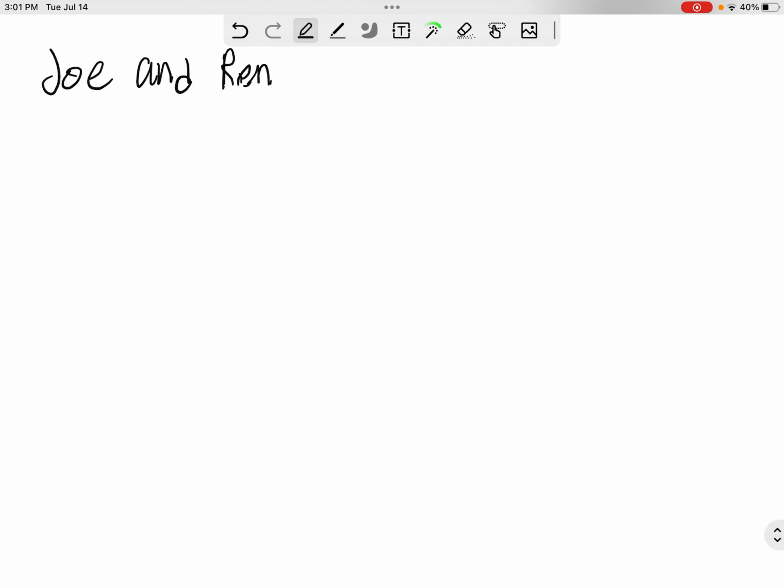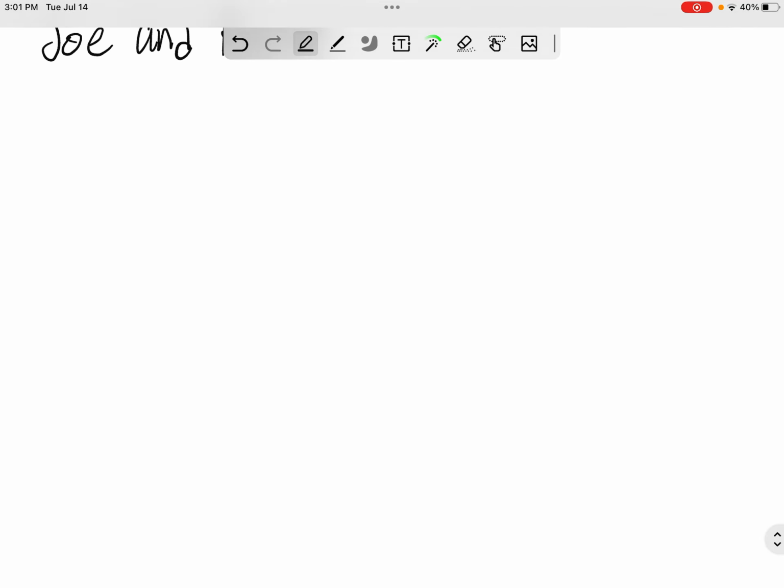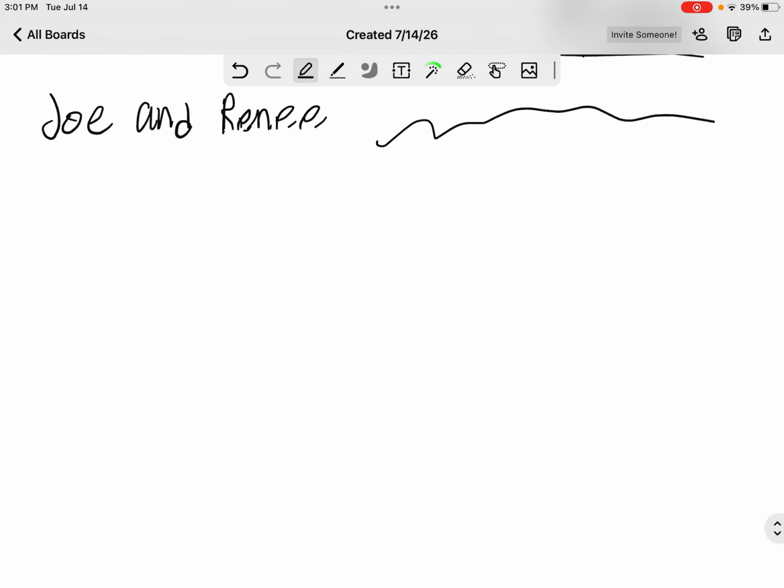Oh no, I was cutting midway. Why is it erasing midway? Something's wrong, I think. Anyway, Rini are counting tiles on their deck.